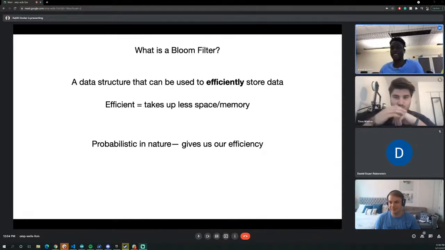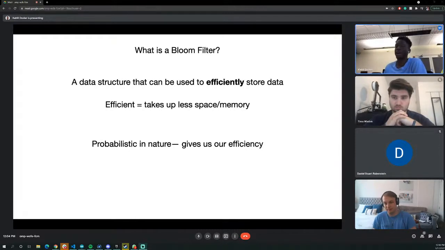So basically, in a sentence, I would say a bloom filter is just a data structure that can be used to efficiently store data. And by efficiently, what's nice about them is that they don't take up a lot of space or memory in your computer. You can store a certain amount of data with less space than similar data structures.